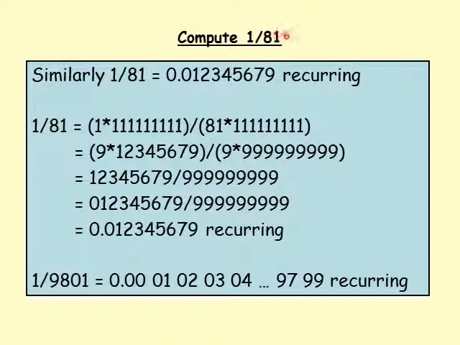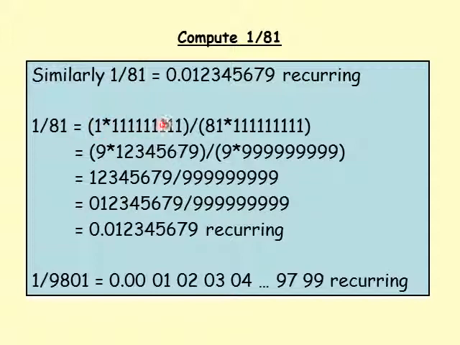We will do that 1 over 81 again. This time we will really construct this thing. Okay, 1 over 81: we multiply and divide by a sequence of 9 ones. So 1 divided by 81, the numerator is 1 times 1, 1, 1, 1, 1, 1, 1, 1, 1, divided by 81 times the same sequence of 9 ones.